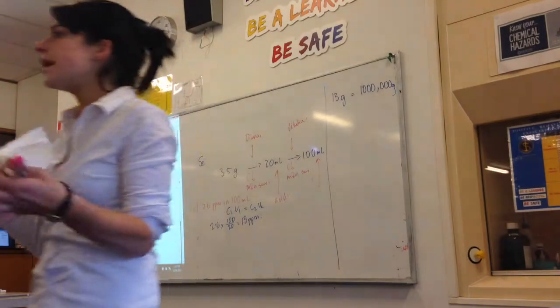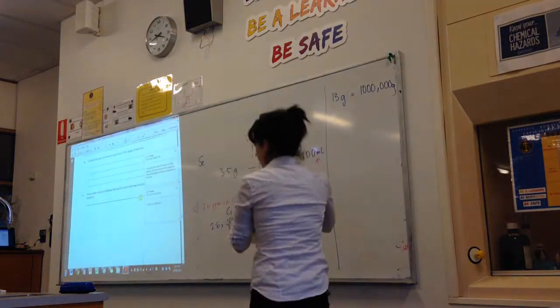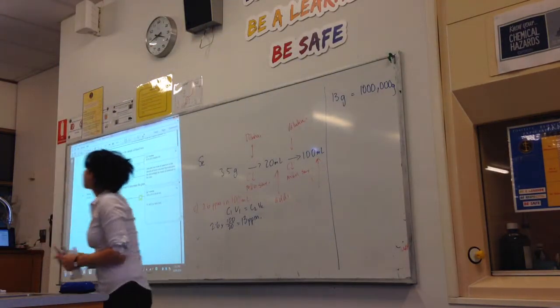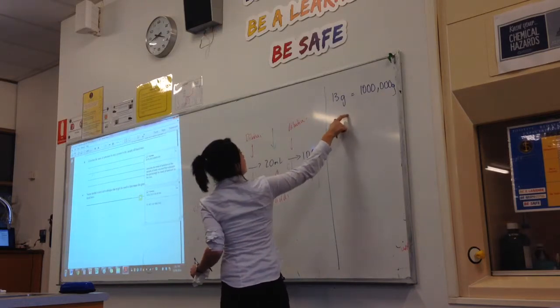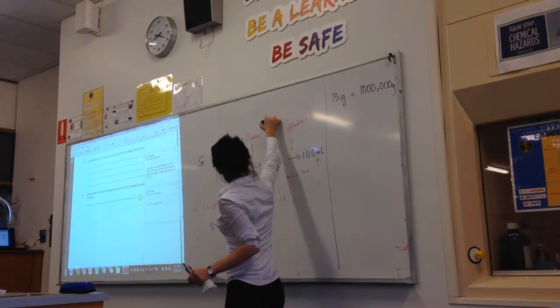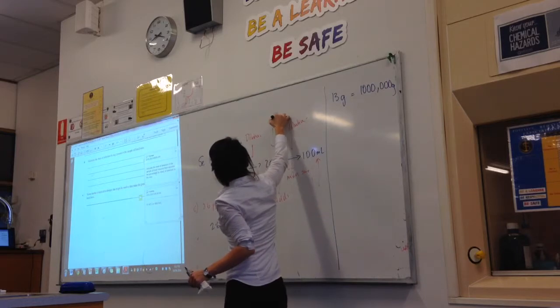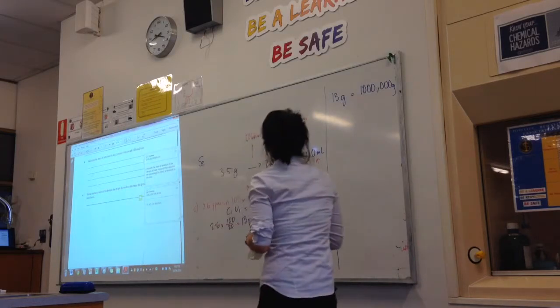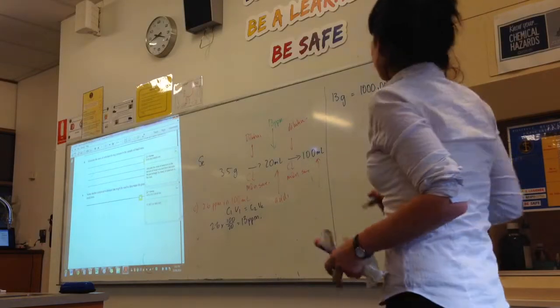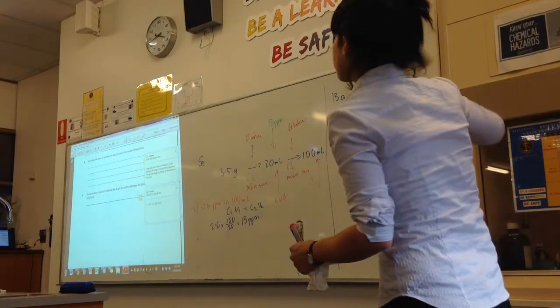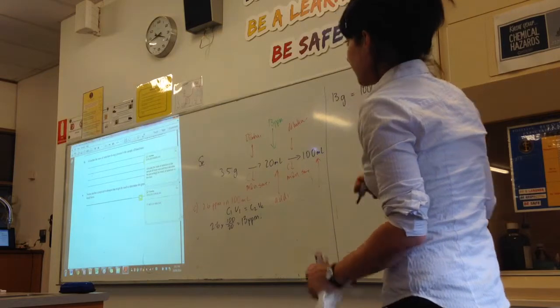That's saying that if our sample was 1,000,000 grams big, we would have 13 grams. Can't you make it milligrams first, just because it asks for milligrams? No, I'll do that after. So, 13 grams in 1,000,000 grams.